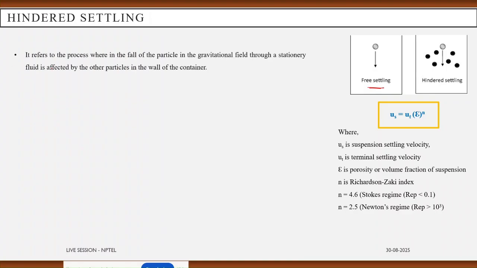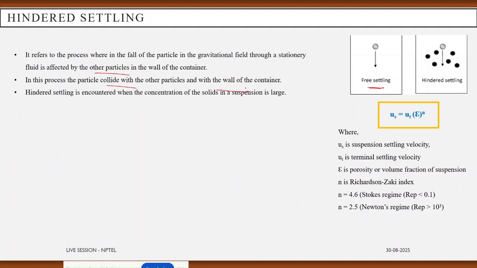Hindered settling refers to the process where the fall of the particle due to gravitational force in a stationary fluid is affected by the presence of the other particles and the wall of a container. In this process, the particles collide with each other and with the wall of the container also. Hindered settling is encountered when the concentration of the solids in the suspension is very large. For hindered settling, the settling velocity is considerably less than the free falling velocity.